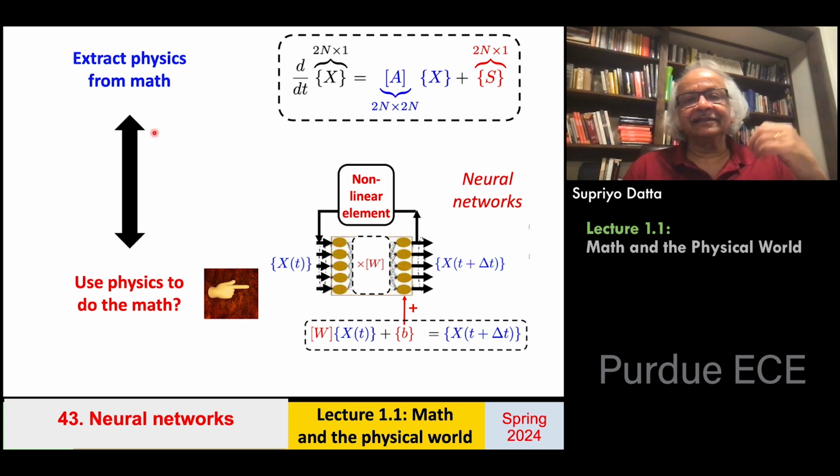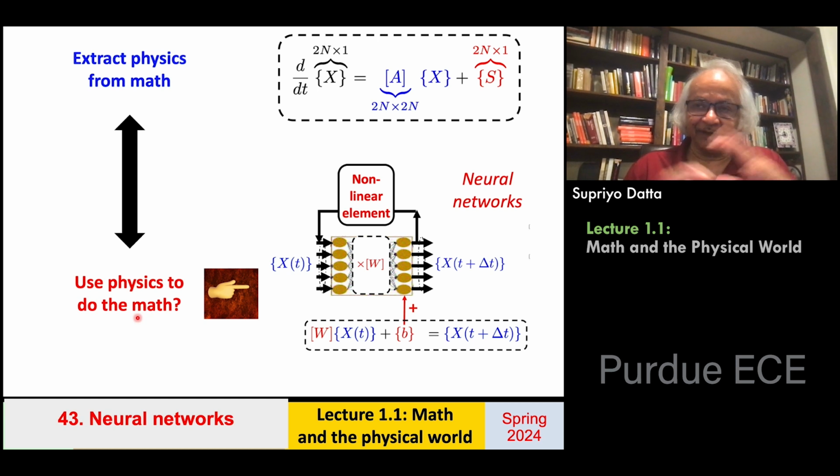So in that sense, although this course is about how to extract the physics from the math, one use for it would be to use the physics to do the math for you. Something people call physical computing. So anyway, that's an aside. Just wanted to mention this connection to neural networks that you may find interesting.